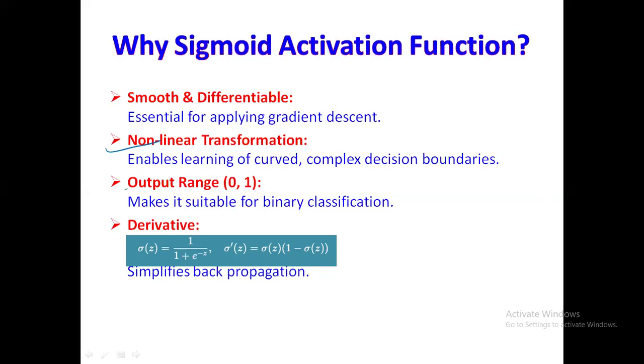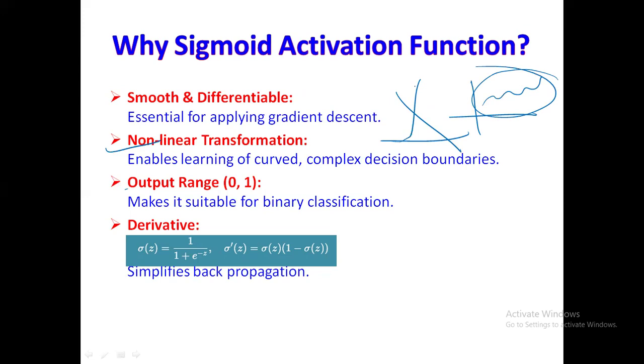It is nonlinear. Its nonlinear nature allows neural networks to learn complex curved decision boundaries instead of just linear ones. So if you have a pattern and you are able to classify the plane like this, linear, or non-linear or curved, we can use this sigmoidal activation function.